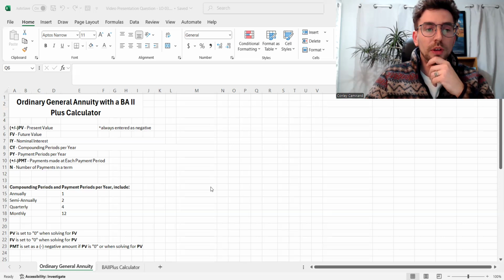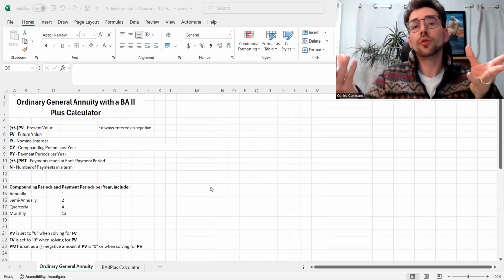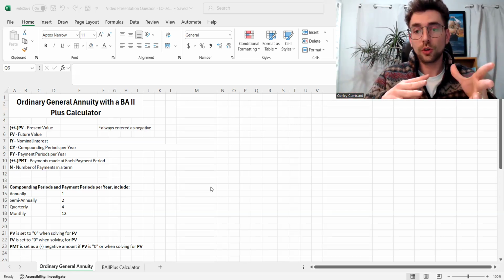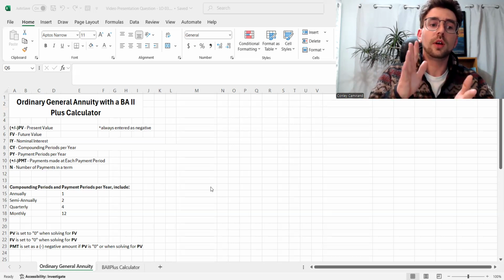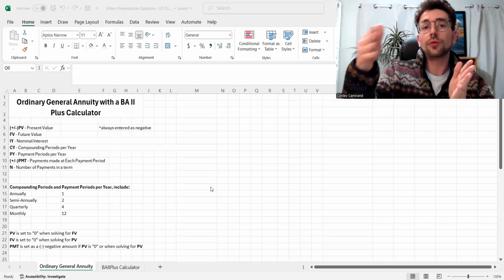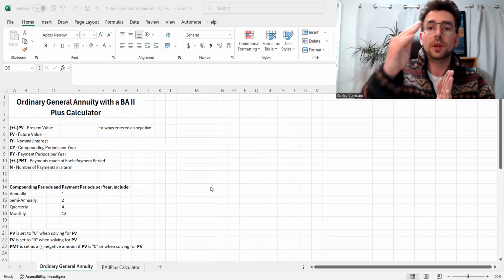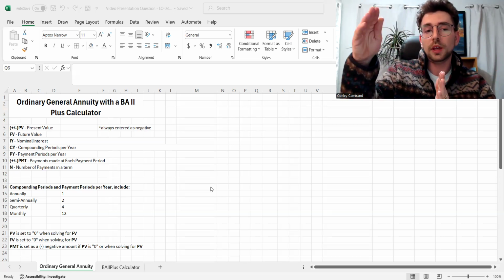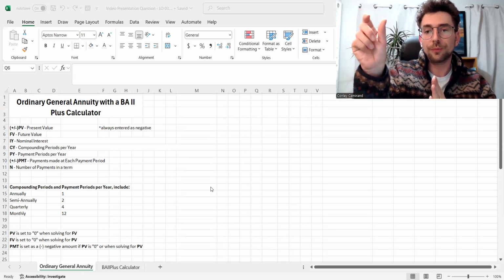A little more detail regarding our components: for PV and FV, our present value and future value, one or the other will always be zero. If we're starting with a present value of zero, then we're solving for a future value. So we start at zero for present value, making payments until we accumulate a future value that we will solve for.